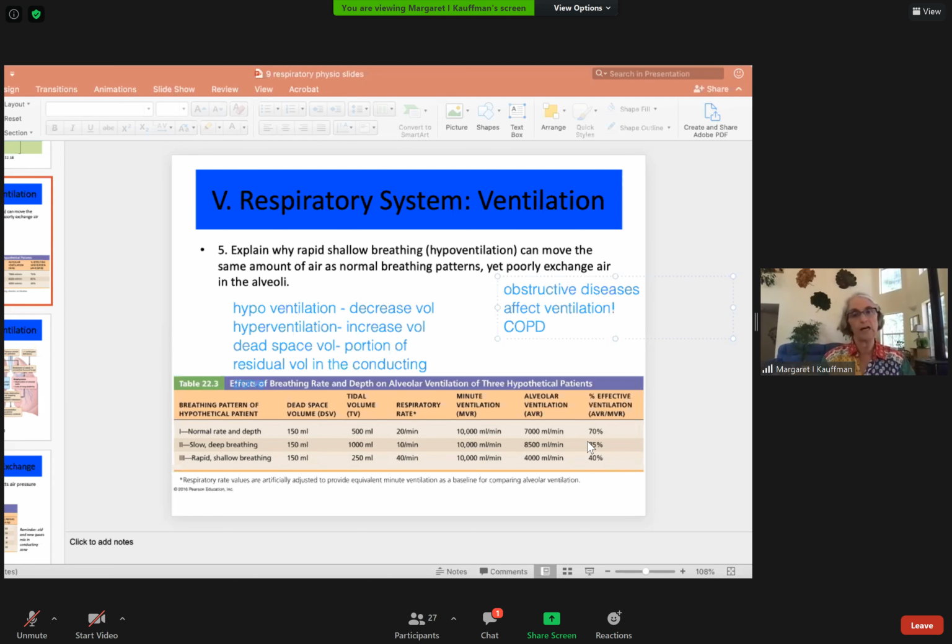Not just because you can't ventilate, but because there's nowhere for the gas to go, and you have less exchange surface, and those are restrictive diseases. So you can see from what I'm saying that the same disease can eventually start as obstructive and lead to restrictive.